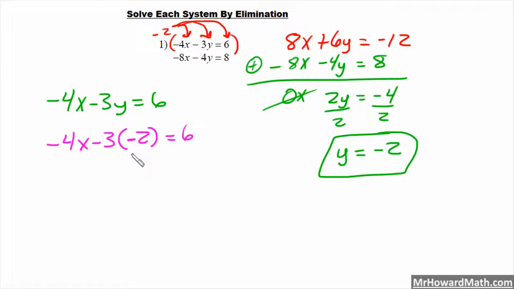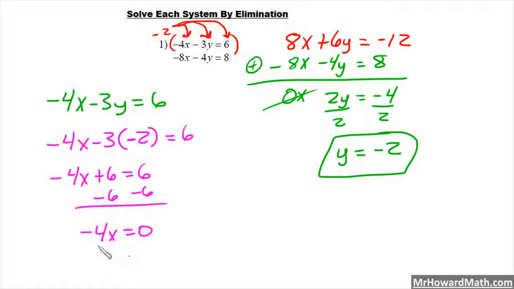So work that out and then we'll solve for x. Negative 4x plus 6 equals 6. Subtract 6. I get negative 4x equals 0. Divide by negative 4. And x equals 0 divided by negative 4, so x equals 0.